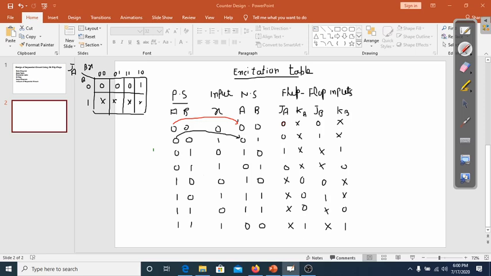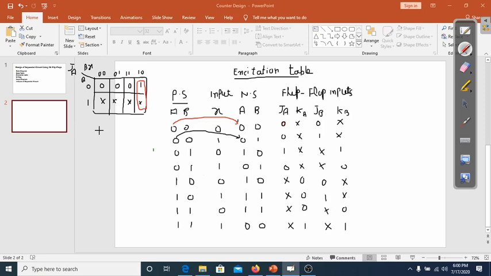Now we can simplify the input JA. You can see here I can group this one and this don't care.